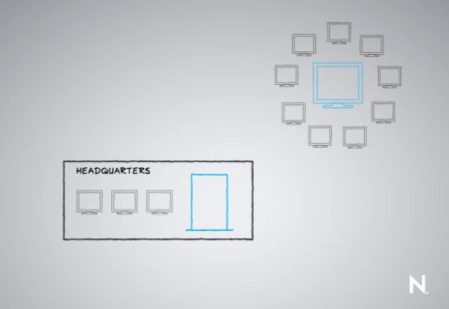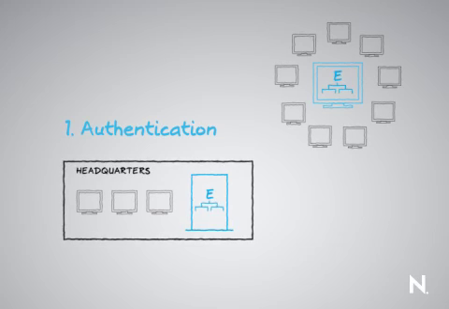Now, there are 4 roles that a satellite server can play with ZENworks 10.3. Basically, you have the authentication role. The authentication role is basically so that users can authenticate through ZENworks to local eDirectory replicas. So you notice here on this larger satellite site that I have an eDirectory replica on this site.